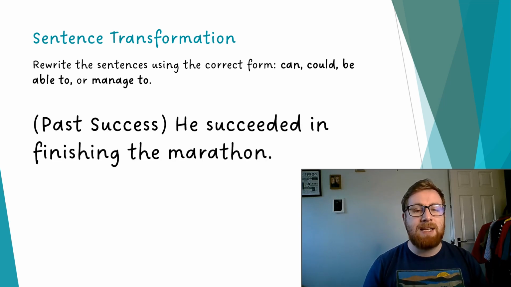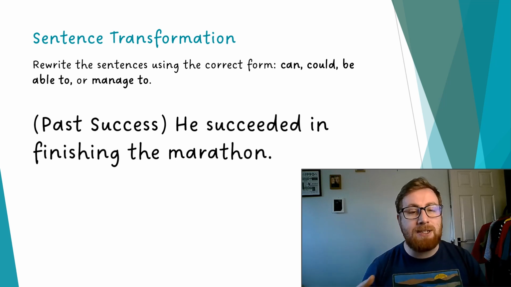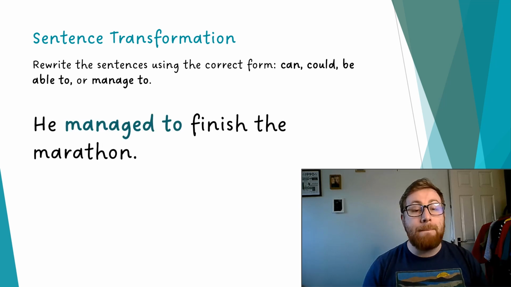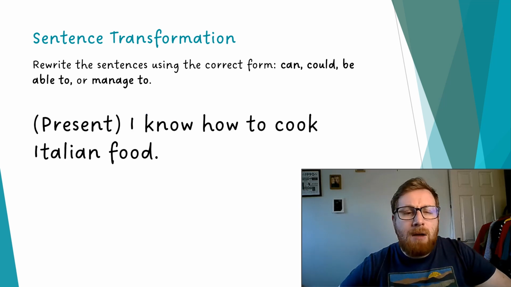Now, past success. He succeeded in finishing the marathon. So success, we use manage to. How can we put this in the sentence? He succeeded in finishing the marathon. He managed to. He managed to finish the marathon. A final one here, I think.